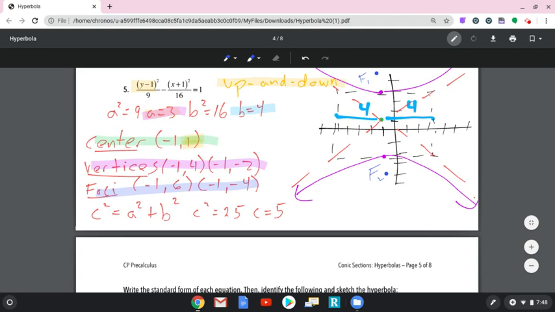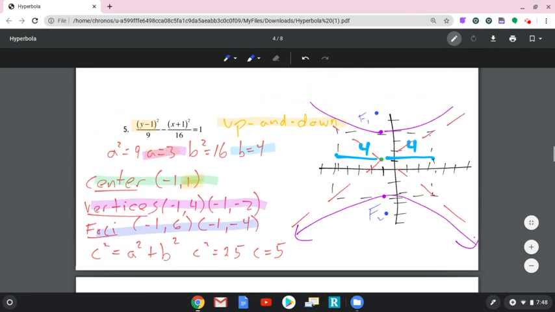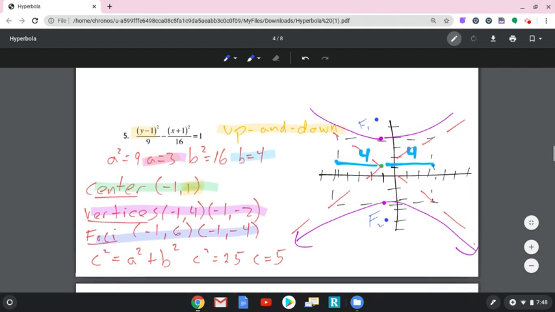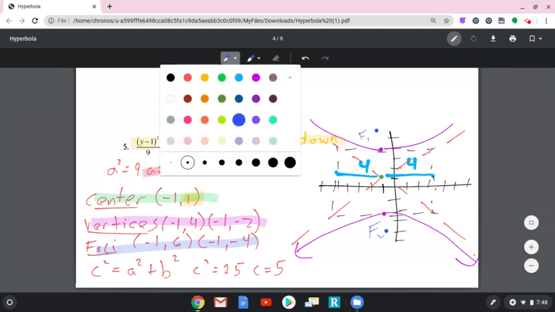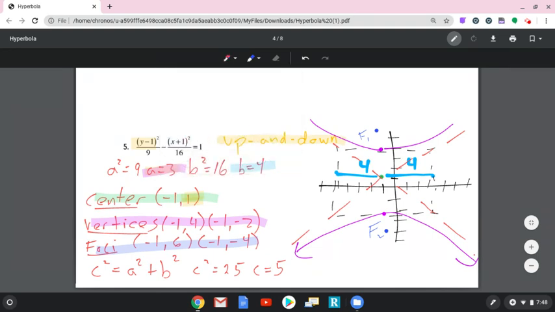Now, the only thing we're going to add today is we're going to actually write the equations of the asymptotes. And how do we do that? In order to write the equations of the asymptotes, I want you guys to recall a formula. Let's recall point slope form.